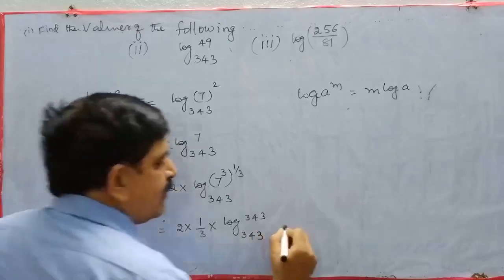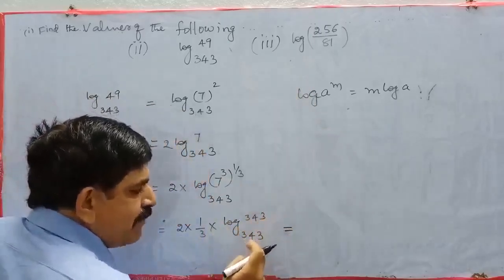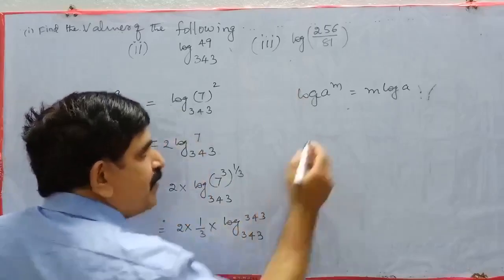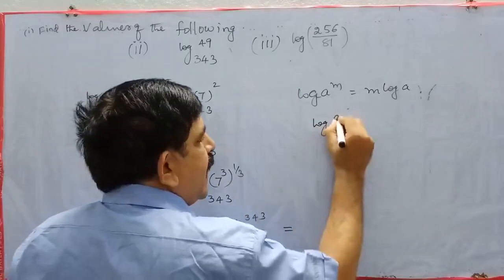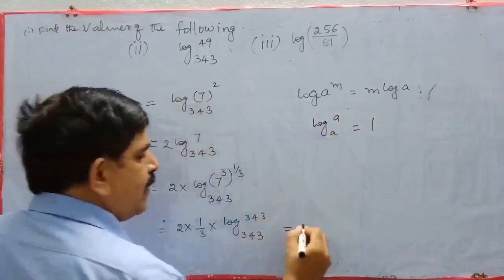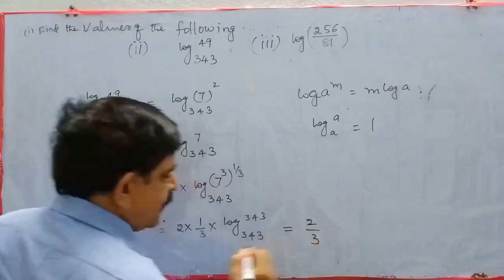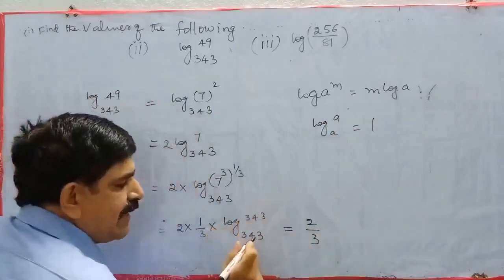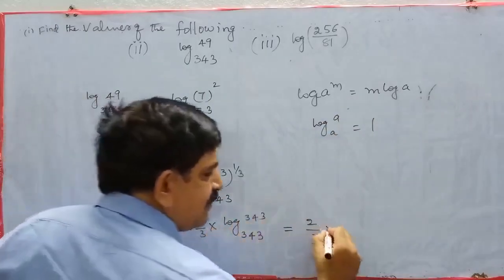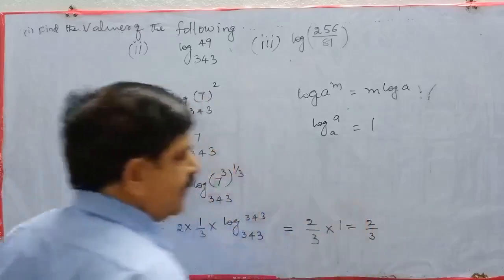Now log 343 base 343 is in the form of log a base a, and log a base a is equal to 1. Now 2 into 1 by 3 is 2 by 3, and log 343 base 343 is 1. So 2 by 3 into 1 is 2 by 3.